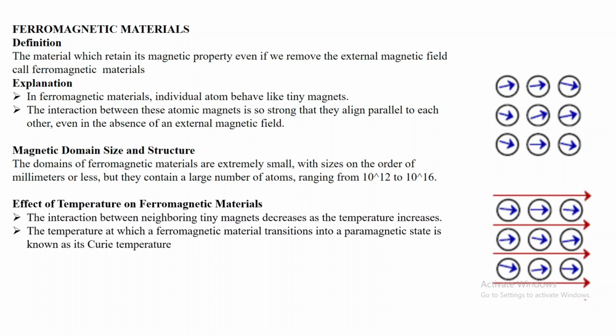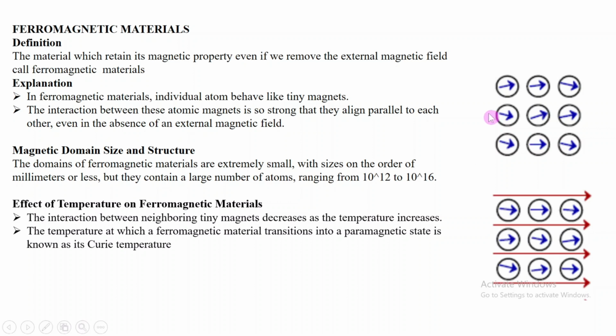Okay, if we increase the temperature of this material, these magnetic domains will start vibrating. Due to that vibration, it will lose its magnetic property. Each magnetic material will affect the neighboring molecular magnets, and due to this the overall magnetic property of the ferromagnetic material will be lost. So there is some temperature at which the ferromagnetic material will be converted into paramagnetic material.